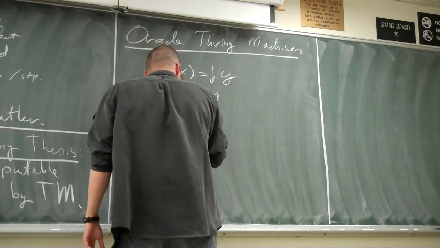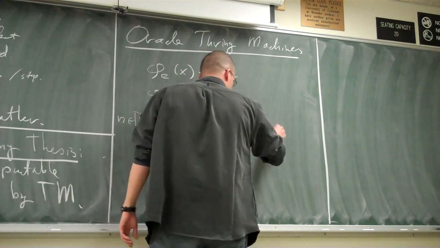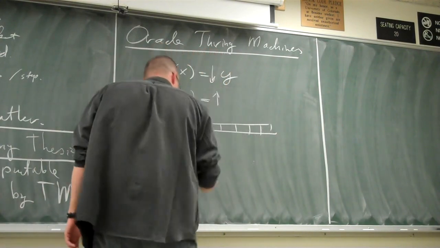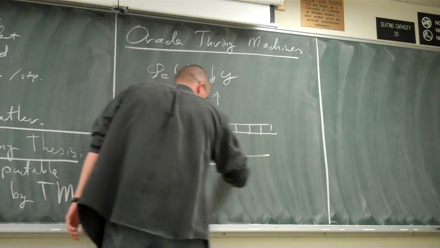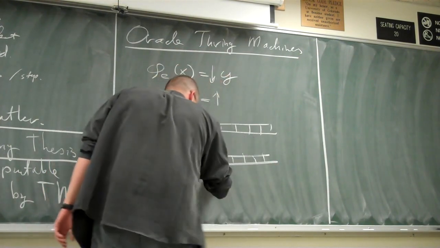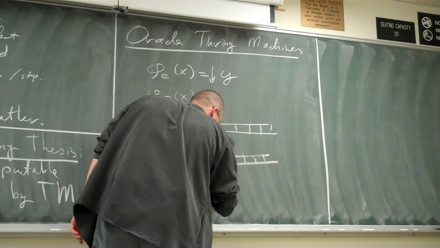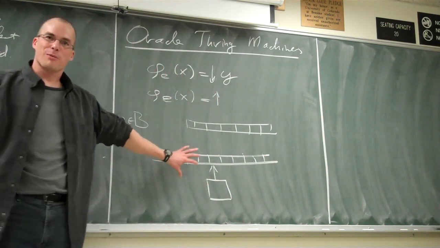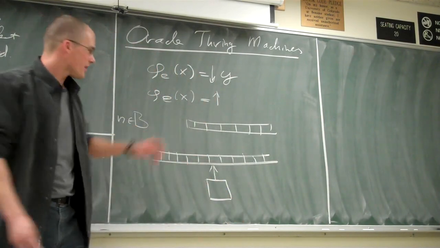And now my Turing machine using this set B can have an extra tape. This thing on the bottom is what ordinary Turing machines look like.